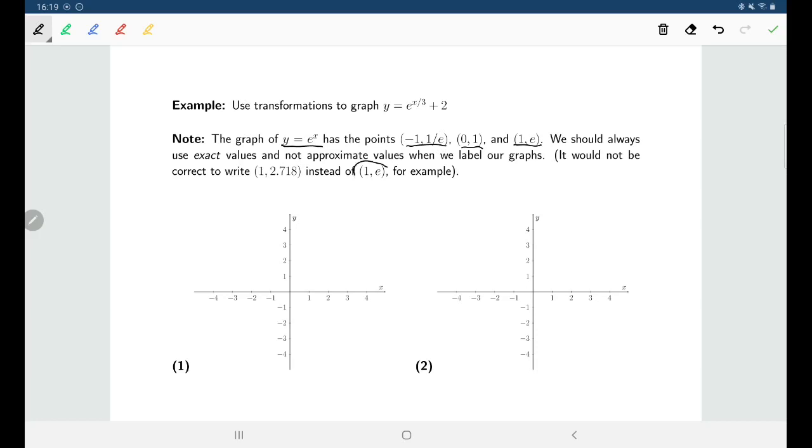So for example, the point 1e, I'll label it as 1e. I will not be labeling it as 1 comma 2.718.